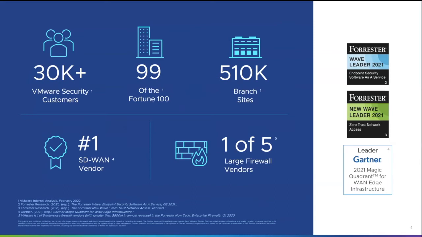And just the one other stat that I draw your attention to, we're actually one of the top 5 largest firewall vendors in the world. And that's quite surprising to a lot of individuals when I highlight it to them. But we have a huge install base of NSX delivering software firewalling. And we have a lot of large deployments there amongst a very strong and loyal customer base.